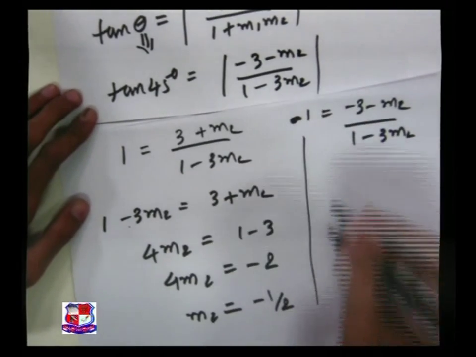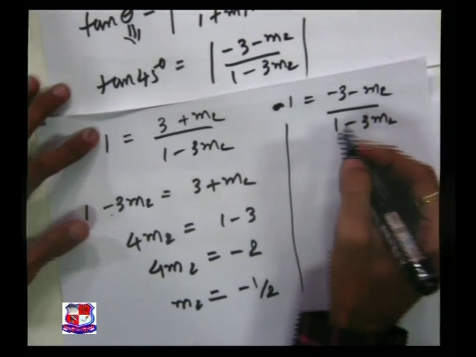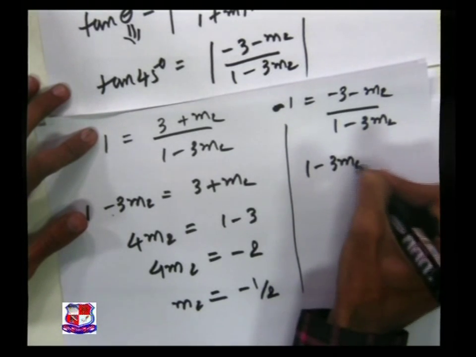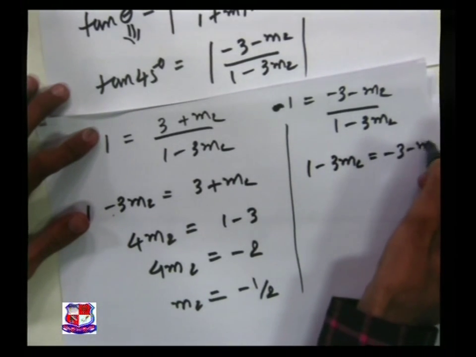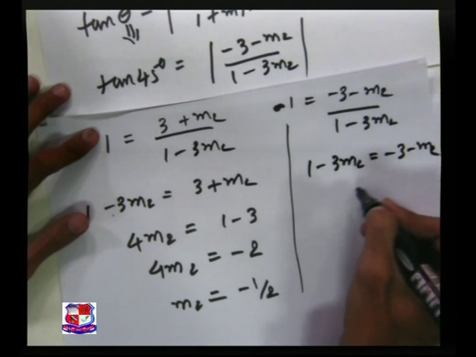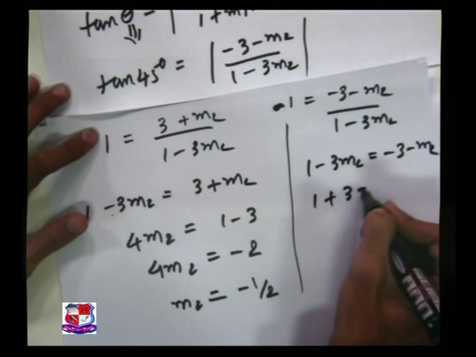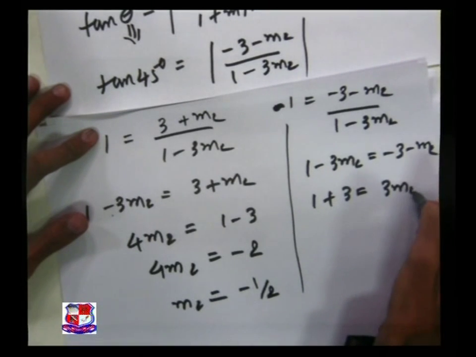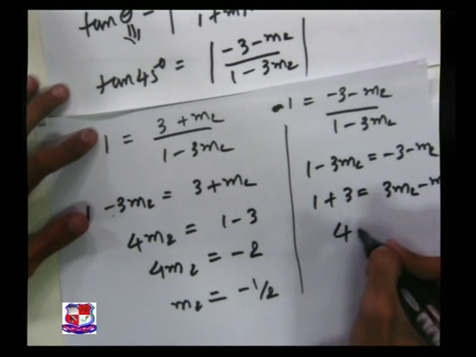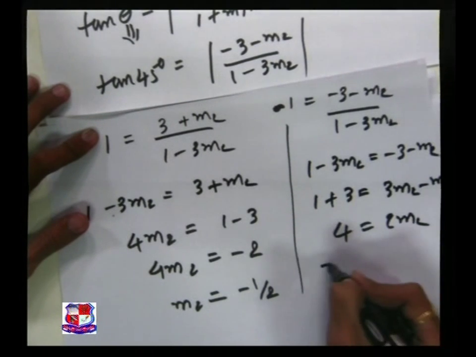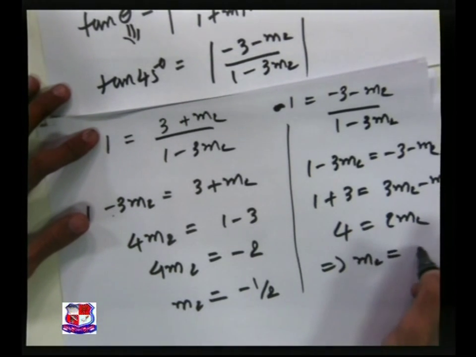In the same way, for this possibility I will get 1 minus 3m2 is equal to minus 3 minus m2. So we will get 1 plus 3 is equal to 3m2 minus m2. So 4 is equal to 2m2, which implies m2 is equal to 2.